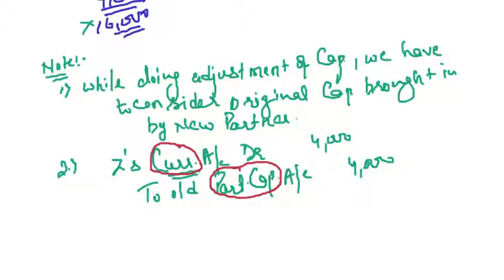Right? Be very careful with this, friends. This is a very important point, that in case of adjustment of capital, if the new partner is not bringing his share of premium for goodwill, then adjustment is to be done through the current account of the new partner and not the capital account of the new partner. Clear? Make a note of this. This is a very, very important point.